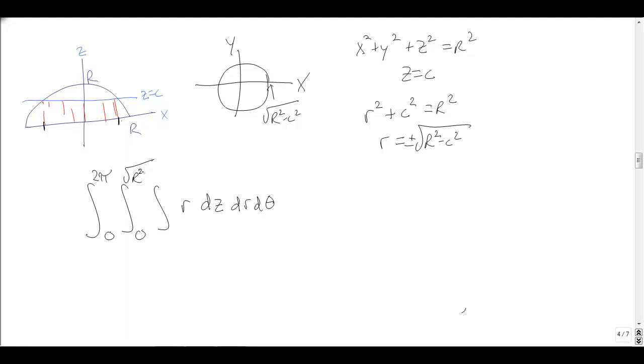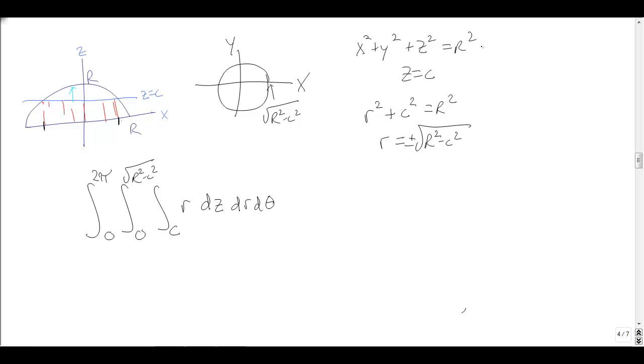So it looks like there are some variables in there, but they're really constants here, just unspecified constants. So there's no z's, that's the key thing. And then z, when we think about z's height, is going to start at z equals c, and it's going to go up to really the sphere. So we have to give the height of the sphere in terms of the radius or theta. Again, theta won't come into play.